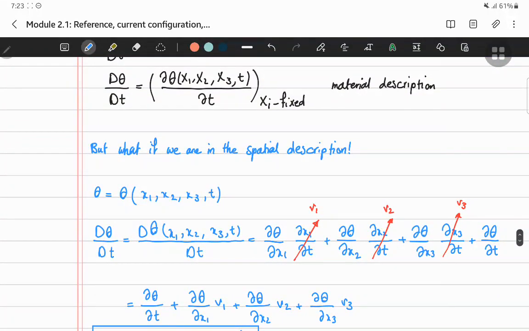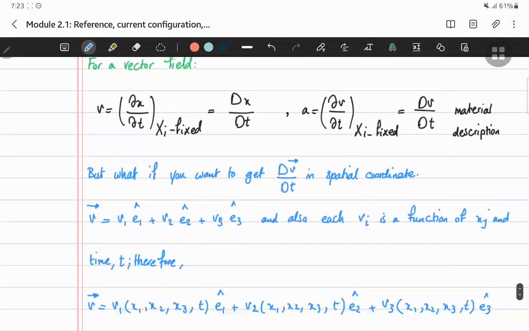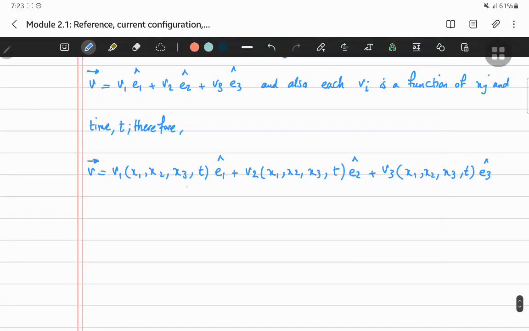Theta was a function of position x and time, so each v component is also a function of x and t.